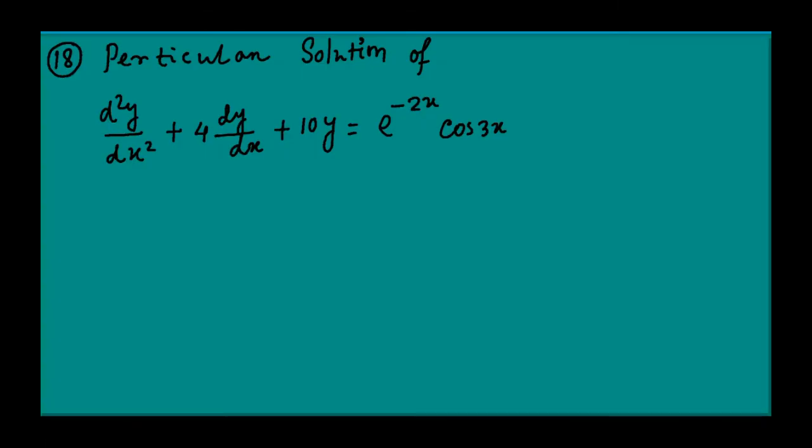Next question, question number 18, particular solution of this one, and here Q(x) is given as a product of exponential and trigonometric. First one is only exponential, second one is only trigonometric, and this is a product of exponential and trigonometric.